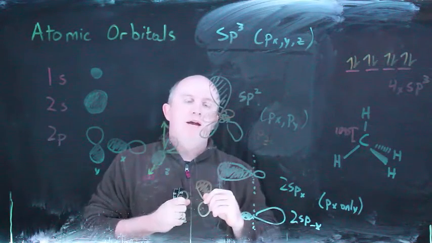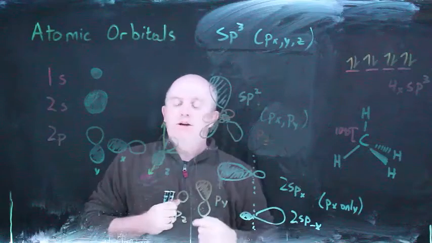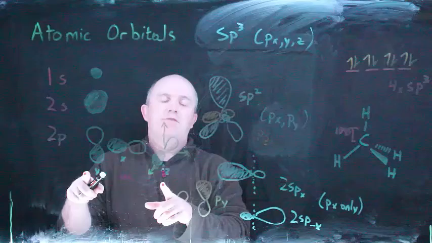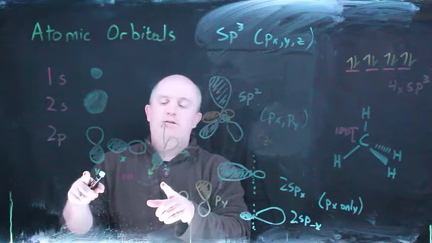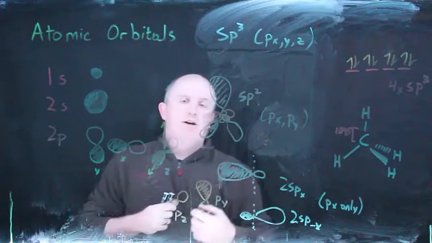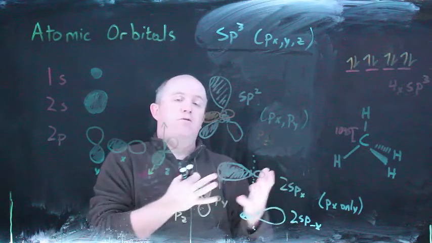Likewise, if you only need to make 1 dimension, then you can use, say, the px orbital, and that means that the other 2 orbitals are left over for pi bonding. So the py is left over up and down, and the pz is left over here as well. So this is atomic orbitals in a nutshell.